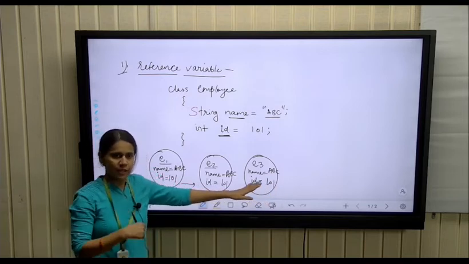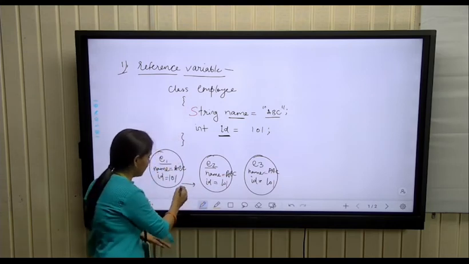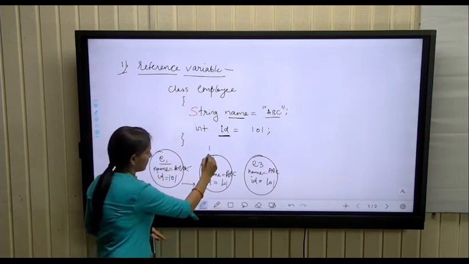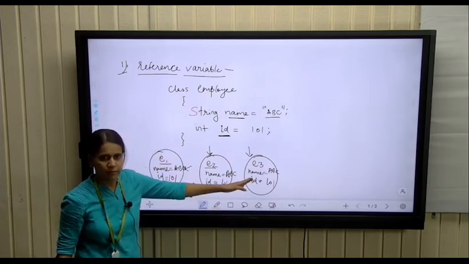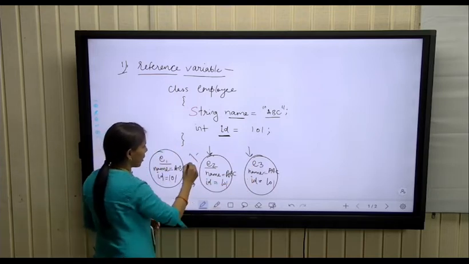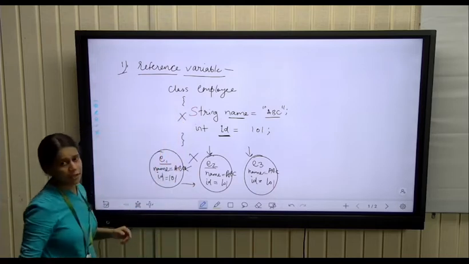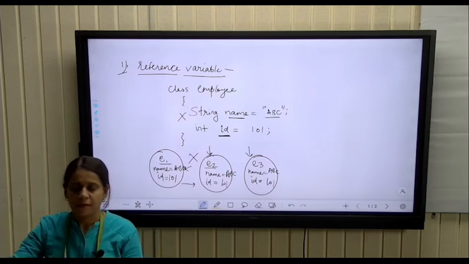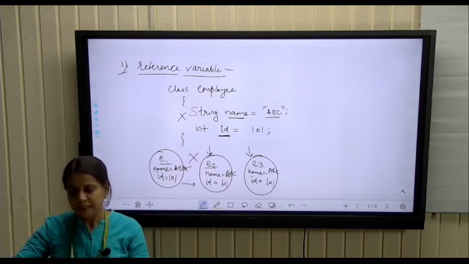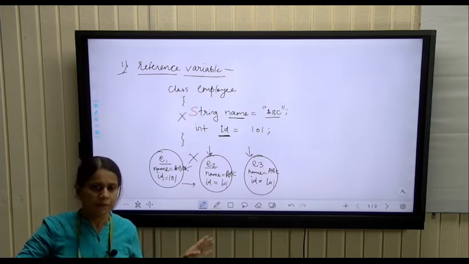So we need to initialize that object, means we are initializing the object E1 so that it may change by some values. This reference variable method we cannot use in this manner. So this is the first way we can write the program.